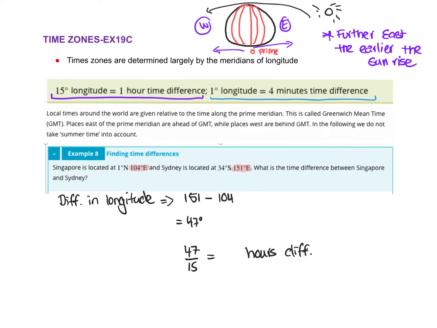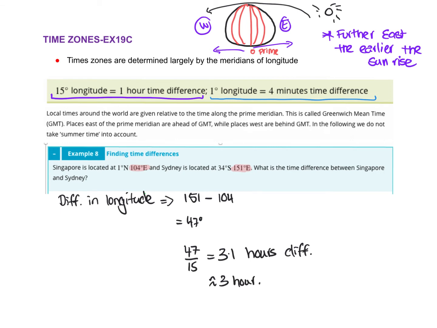So 47 divided by 15, we get 3.1. So we're just going to say 3.1, so approximately a 3 hour difference between Singapore and Sydney.